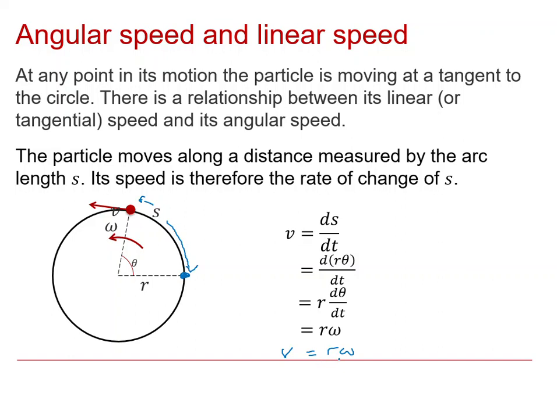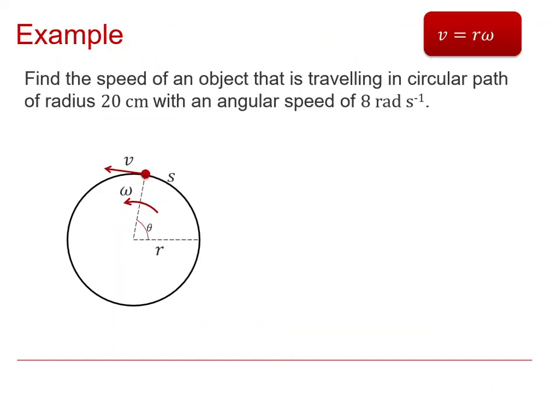It wouldn't be true if you used degrees, and it's at this point that the point of radian measure becomes quite clear in this context. So v equals r omega is the fundamental relationship between the speed of a particle in the circular path and the angular speed.